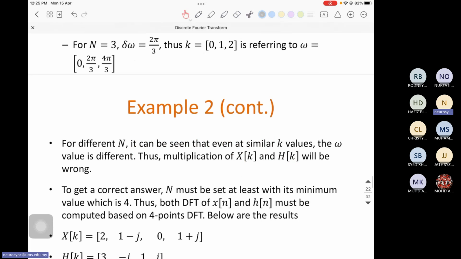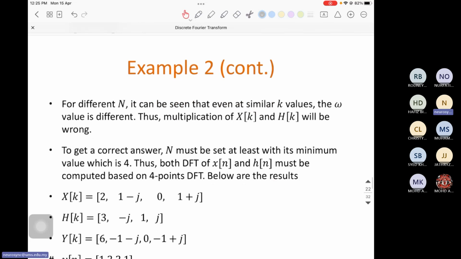Okay, so we have different omega values for similar k value. Therefore, the multiplication of x of k and h of k will be wrong. Now, to get the correct answer, n must be at least the minimum value, which is 4.